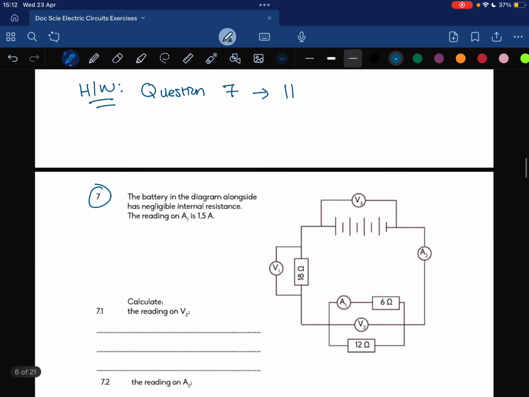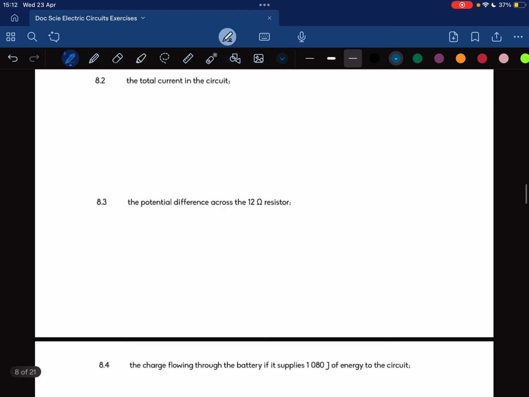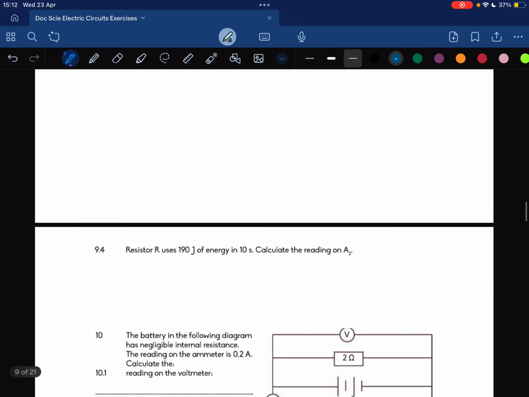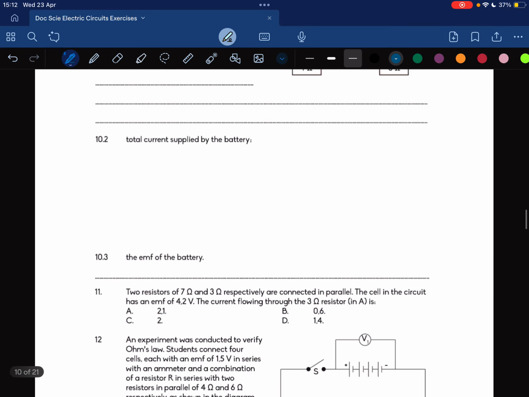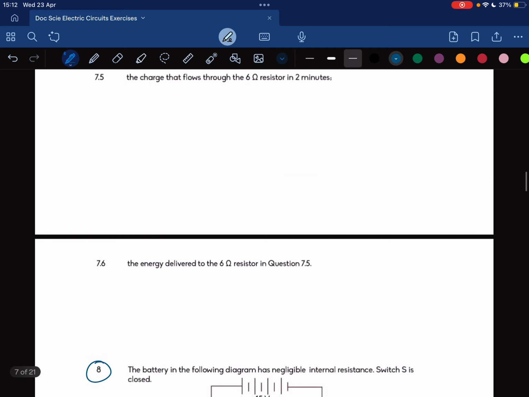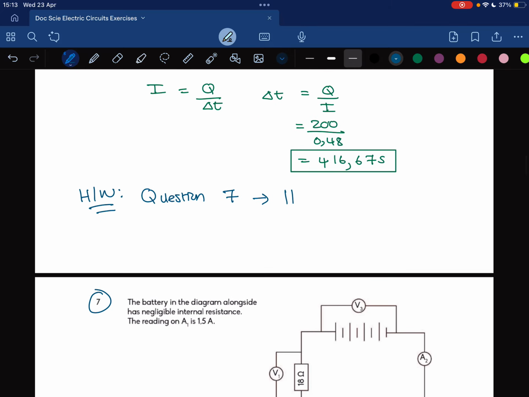So it'll be question number 7, number 8, 9, number 10, and 11 is just a multiple choice. Please, like I said, it's all about practice. So you have to practice this. And then I'll go over the corrections in our next lesson.